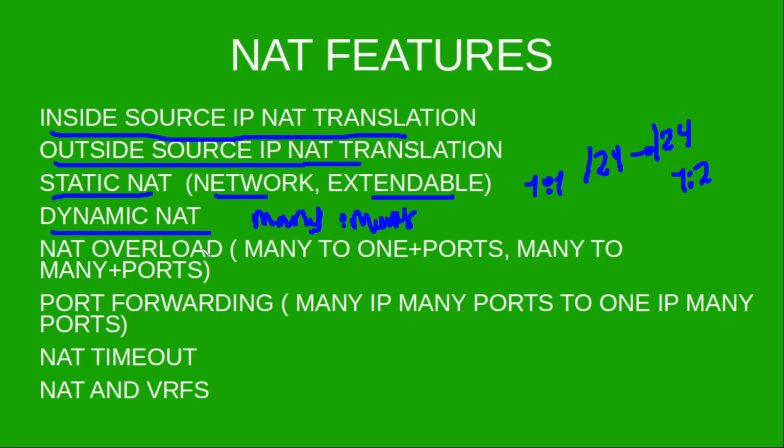We have NAT overload, which is, for instance, a lot of IP addresses to one public IP address, or we can NAT a lot of IP addresses to a pool of IP addresses using a combination of NAT plus port address translation. We also saw port forwarding, where you can have a lot of publicly available services using only one public IP address.